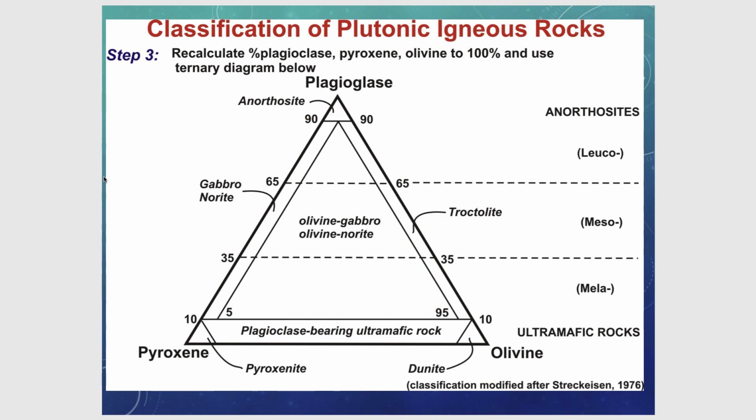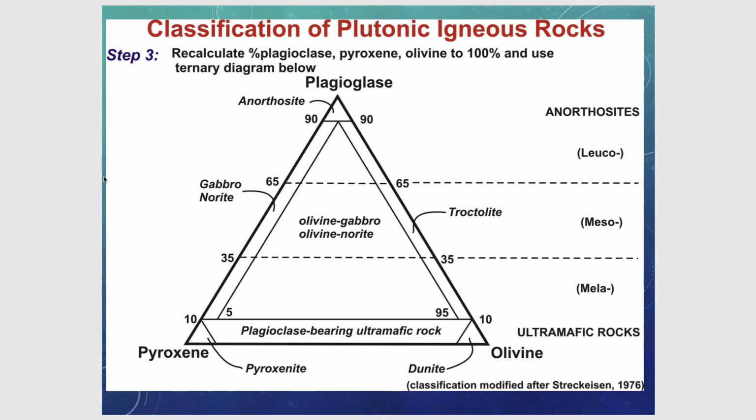And so the abundance of pyroxene and olivine will help you in this case with the distinction of different ultramafic rocks. So we have gabbros, troctolites, dunites, pyroxenites, so different types of peridotites essentially, and also anorthosites.